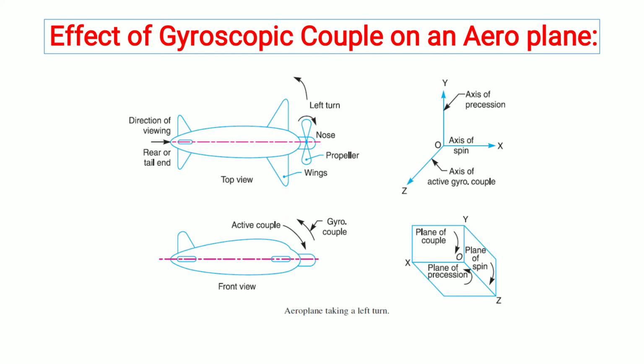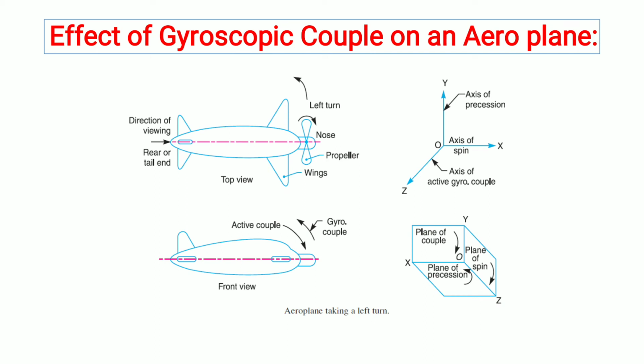So if we see from the tail end, our rotor is rotating in the clockwise direction. So OX becomes the axis of spin. Now when our aeroplane takes a left turn, it is turned about the vertical axis.